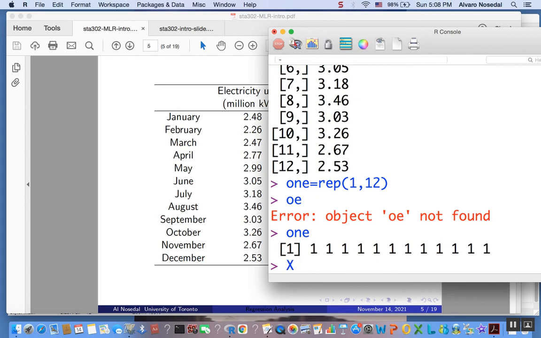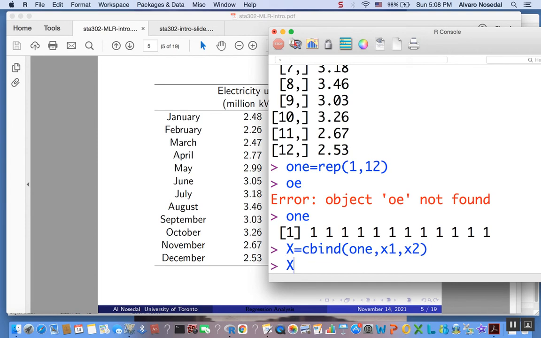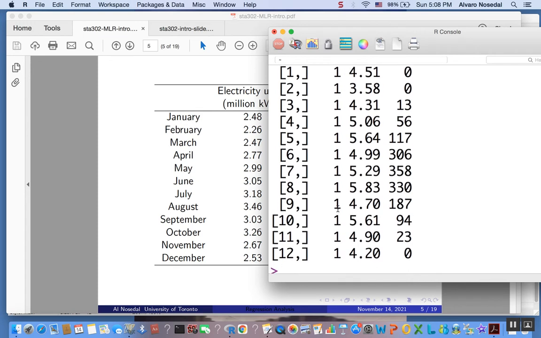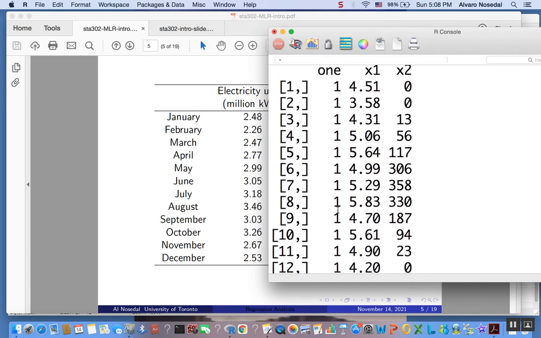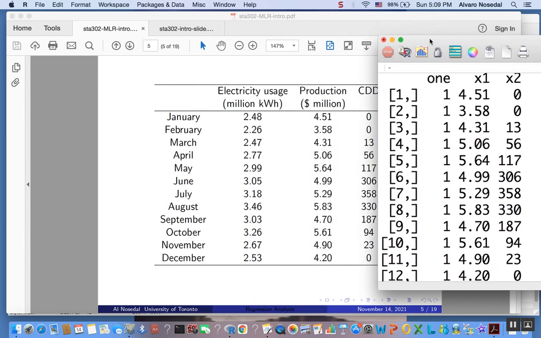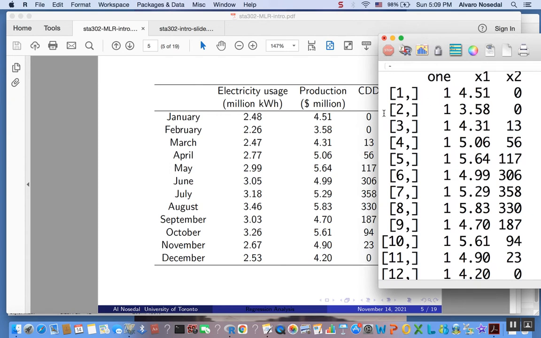So let me use the function cbind to paste the vector I just created, 1, and x1 and x2, our predictors. Okay, so if you take a look at x, it seems to have the right form, right? 12 rows, 3 columns, and the values seem to match with those that we have in our table.